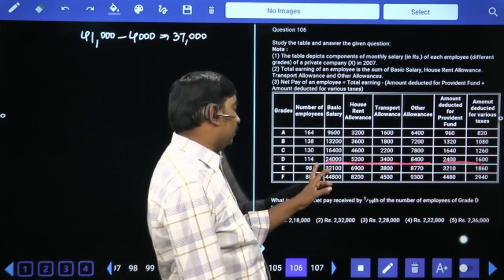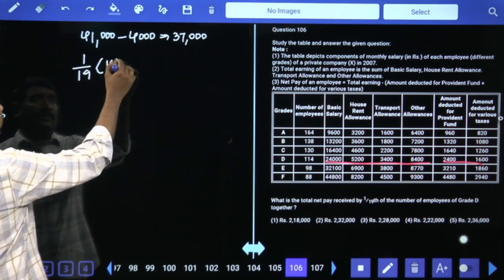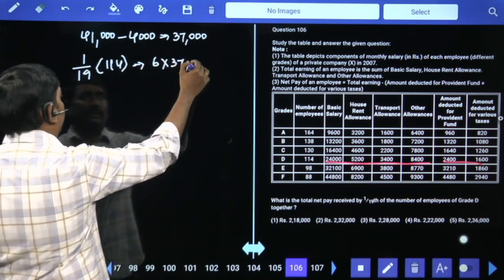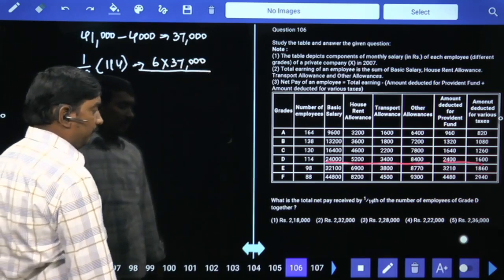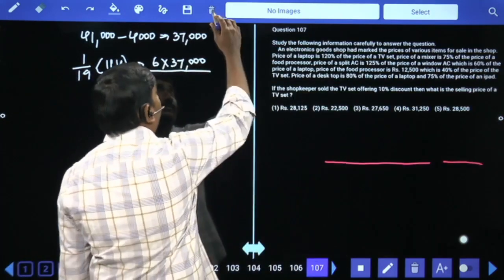So 1/19th of grade D means 6 employees' net pay, 6 into 37,000, 1,80,000 plus 42,000, 2,22,000. That is the answer option.